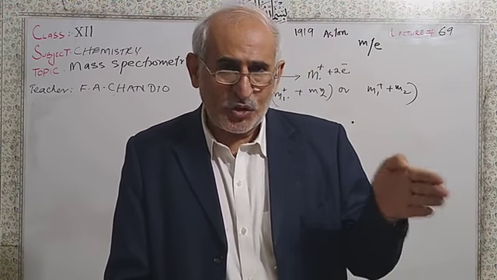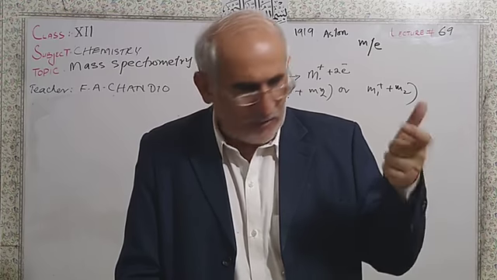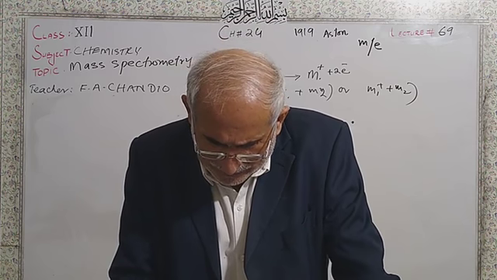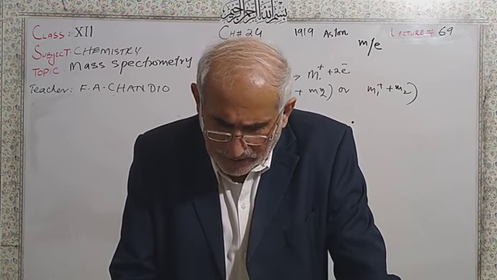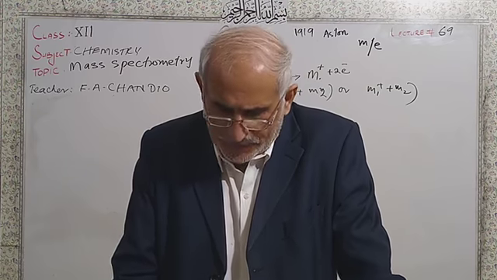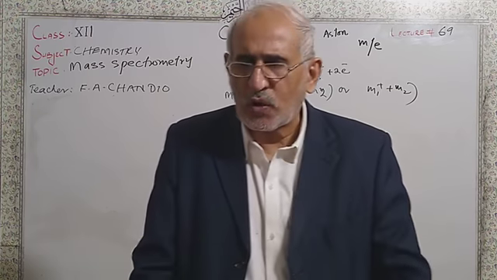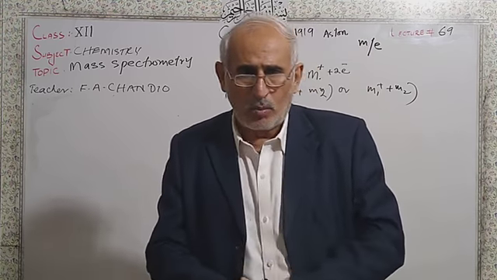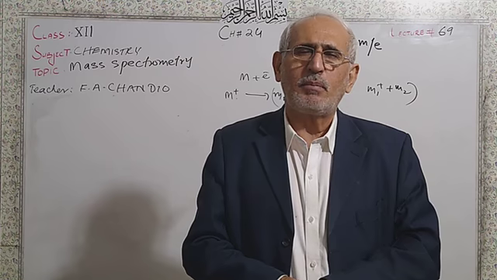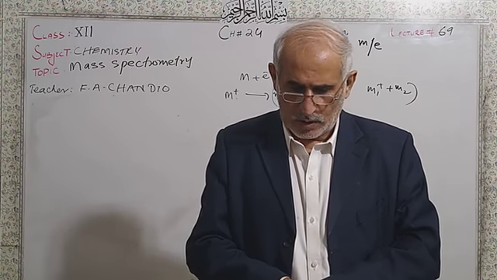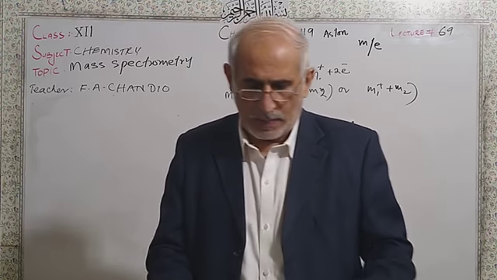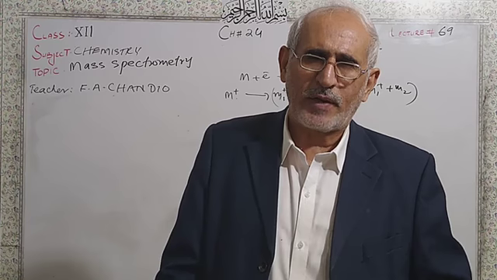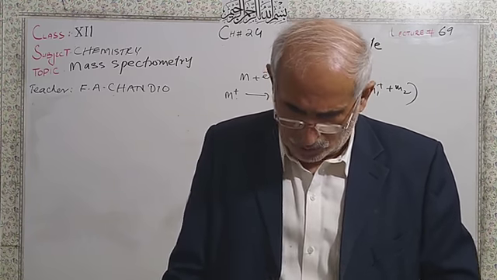Among these 3 isotopes, 24, 25, 26, the 25 is not more than 10% and the 26 is not more than 10%, but the percentage of 24 is about 90 or more. So that's why this mixture contains more magnesium-24. This is according to mass spectrometry. So we can calculate the atomic masses and the relative abundance of their isotopes, students.